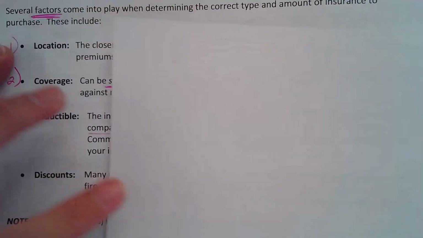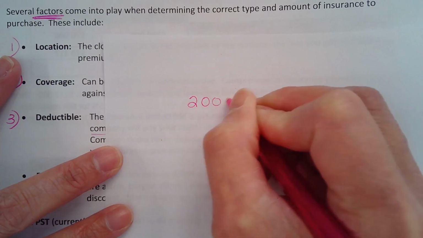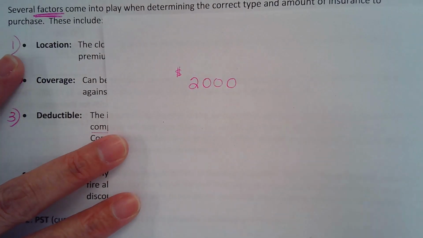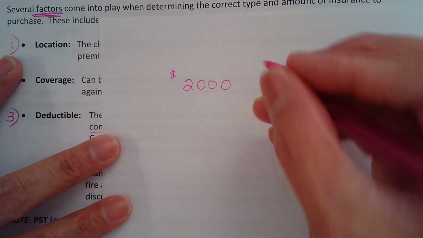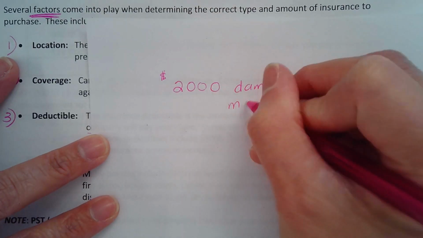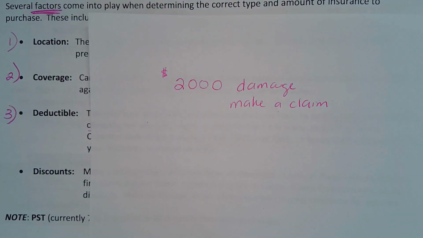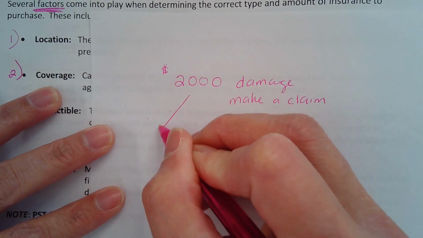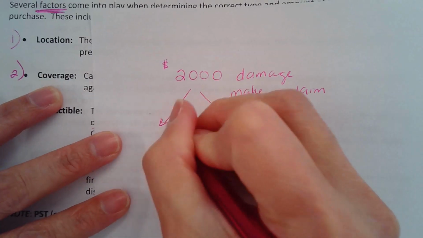So, let's say a fire happened in our property, and it cost $2,000 in damage. It's a small fire. So that means I'm going to make a claim for $2,000, and the insurance says, okay, go ahead. The deductible is what I am responsible for.